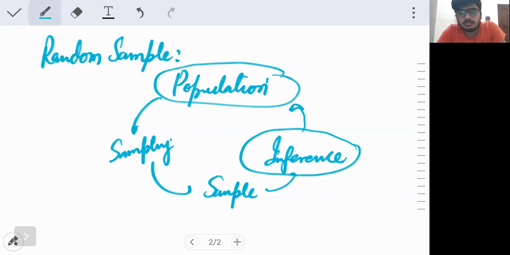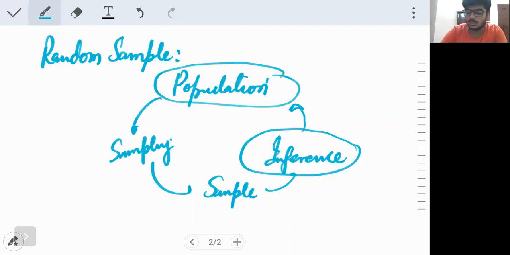So the main thing is, what is a random sample? A random sample is the smallest unit that is taken from the population in order to understand the behavior of the population. In the random sample that we take, we try to maximize the number of different categories of people that could be taken.